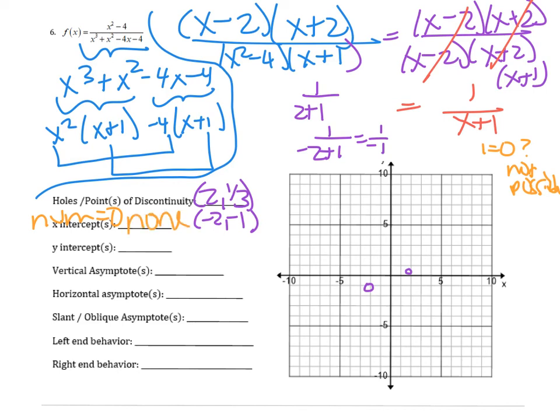Then for my y-intercept, you're going to set your x values equal to 0, which means you're basically going to get -4 over -4, which will give you (0, 1). Vertical asymptote, now you have what's left in your denominator. So that'll be x equals -1.